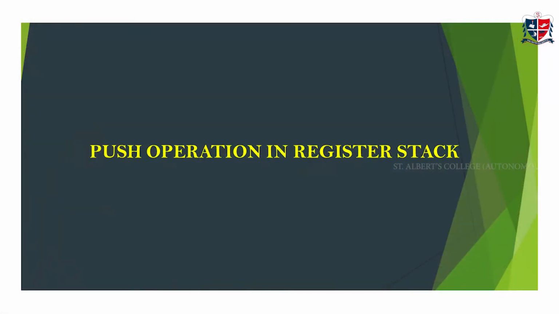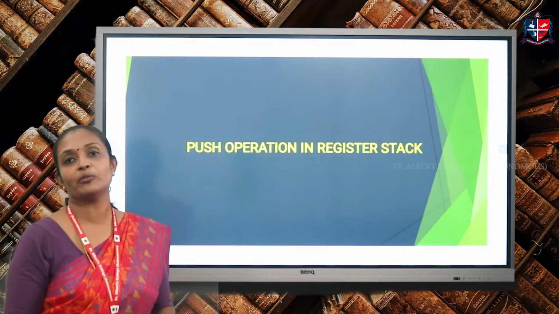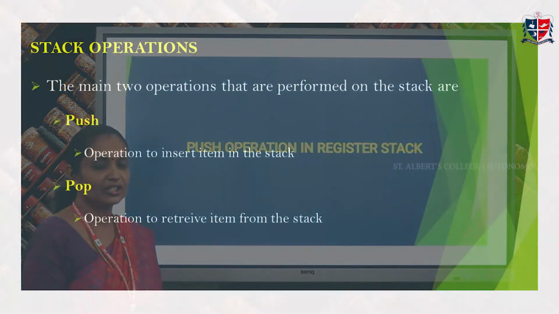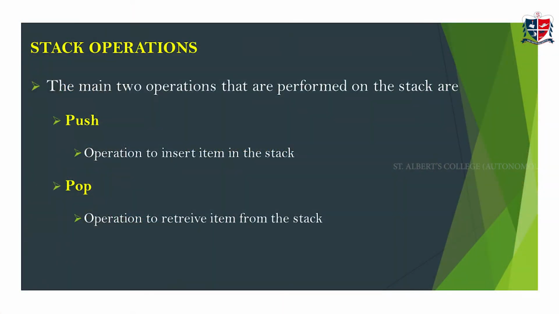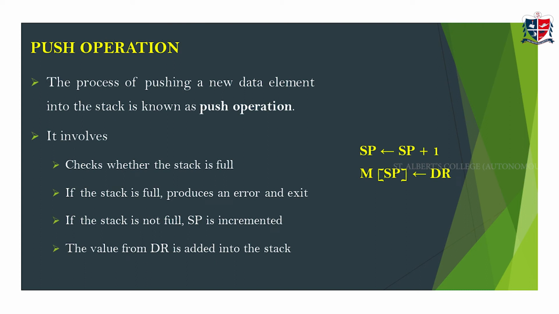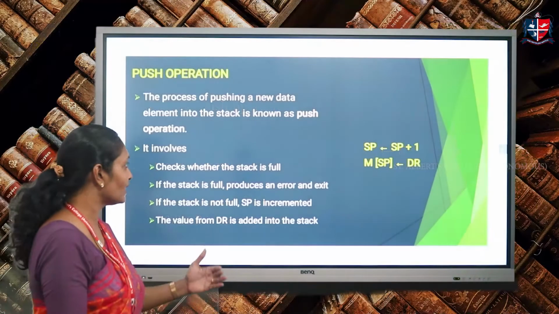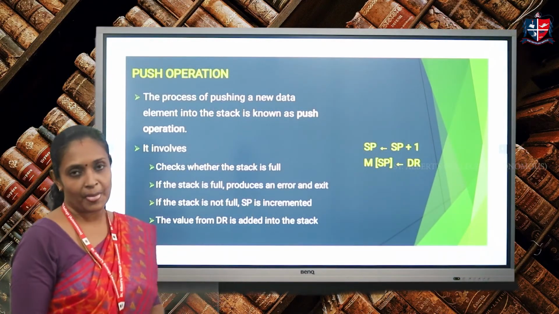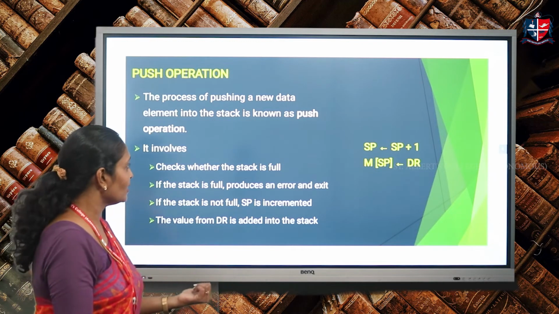Next, we have to know the operations performed in the register stack. Basically there are two operations, as I mentioned earlier: the push operation and the pop operation. How is the push operation performed in a register stack? The process of adding a new item or inserting a new data element into the stack is known as the push operation.